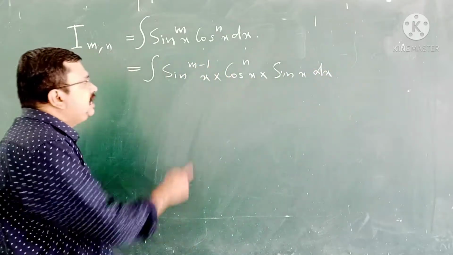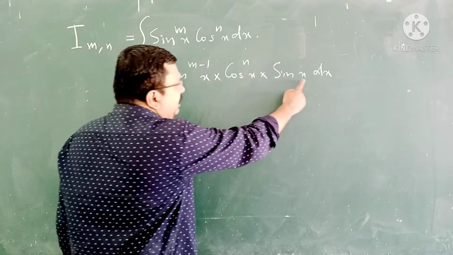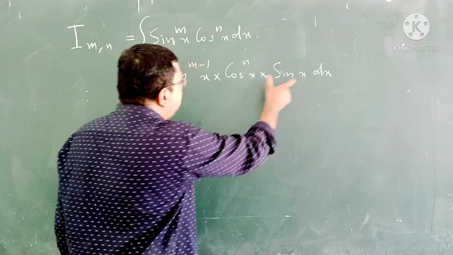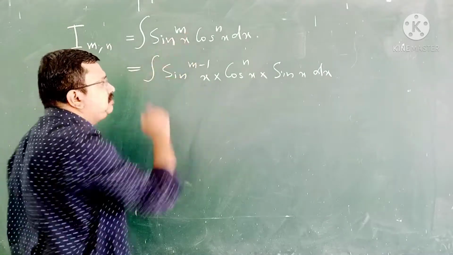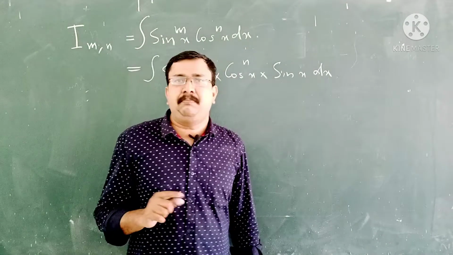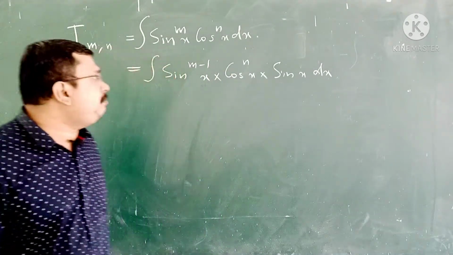Here, look at that: sin^(m-1) x into sin x, these two terms combining we get sin^m x. We know that a^m into a^n is a^(m+n), same base.